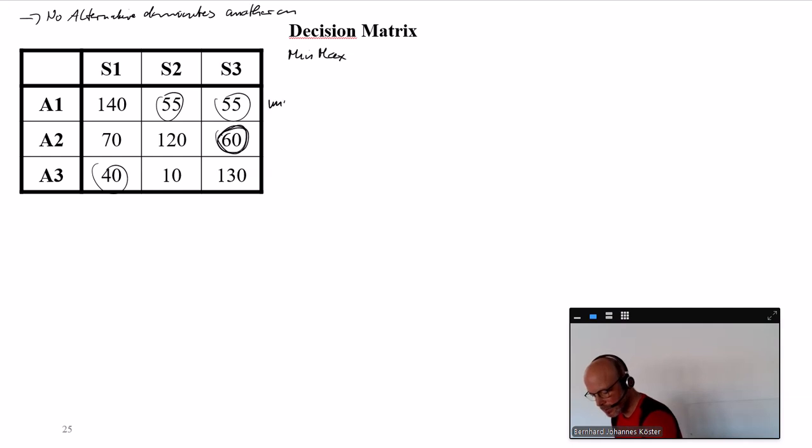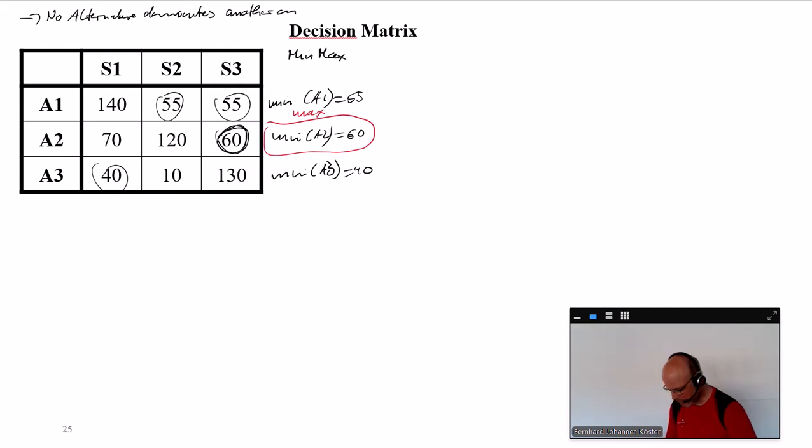So min of A1, min of A2, and min of A3 is 55, 60, and 40, and this is the maximum.